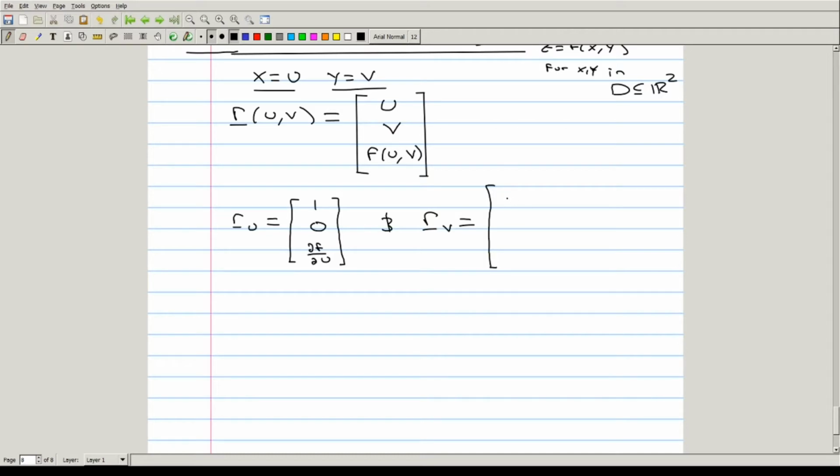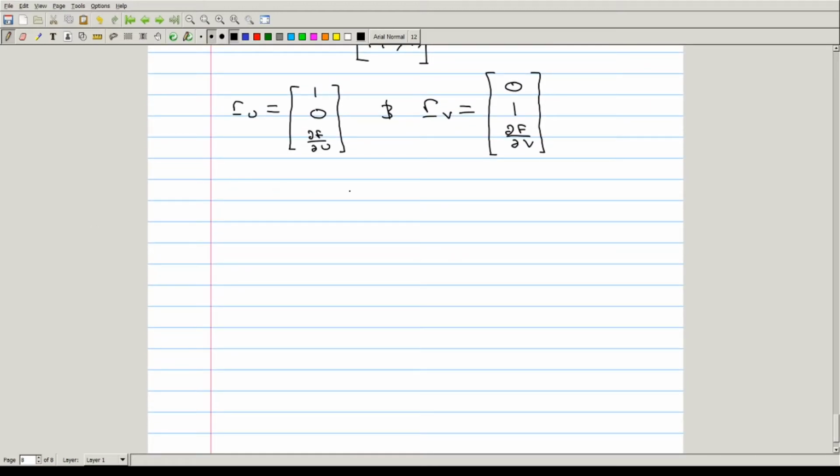The partial derivative of u with respect to v is 0. The partial derivative of v with respect to v is 1. And the partial derivative of f with respect to v is whatever the partial derivative of f is with respect to v. Remember, this is because for our surface, z is equal to the graph of f of x y, which in this case is f of u v, if we identify x with u and y with v.